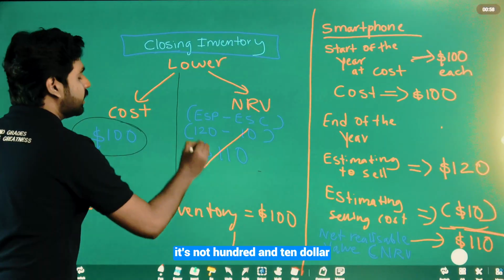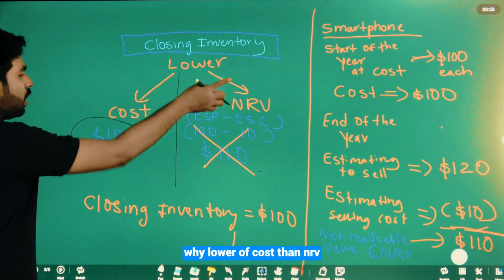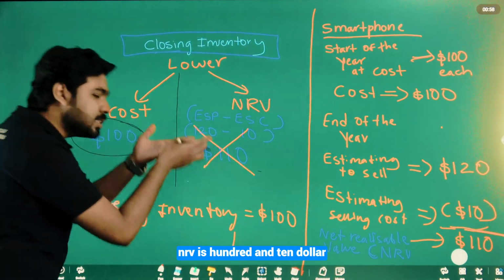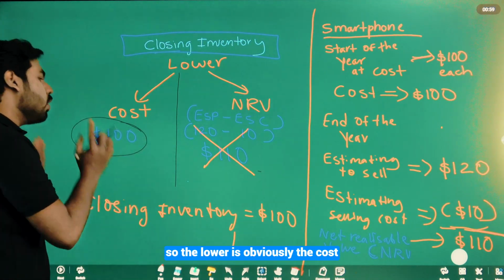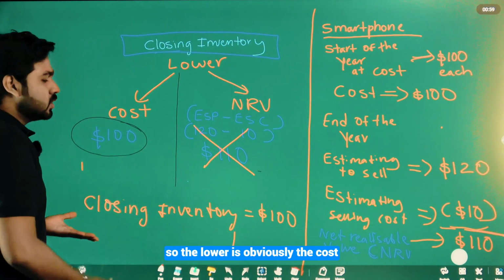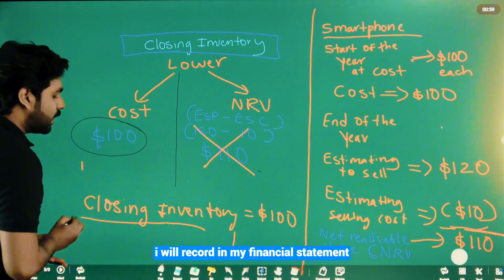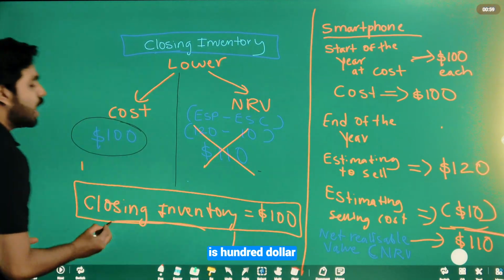It's not $110. Why? Lower of cost or NRV. NRV is $110 and the cost is just $100, so the lower is obviously the cost. So my closing inventory value I will record in my financial statement is $100.